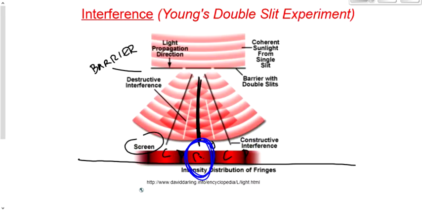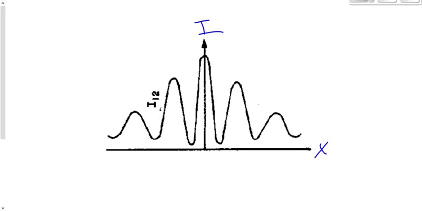Bright spot, constructive interference, maximum, antinode, whatever you want to call it, central bright spot, it is the brightest. It is the most intense.